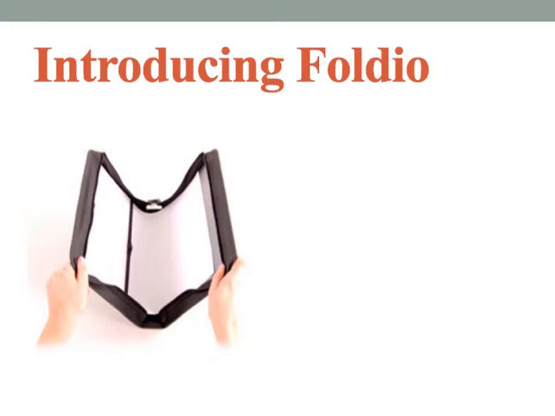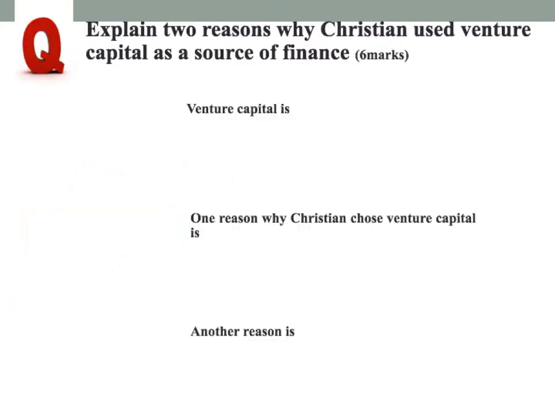It was a young entrepreneur who'd had a problem with his artwork, and so he decided that he would create this product called Foldio. So I'm just going to ask you now to look at the question and answers in relation to this case study.